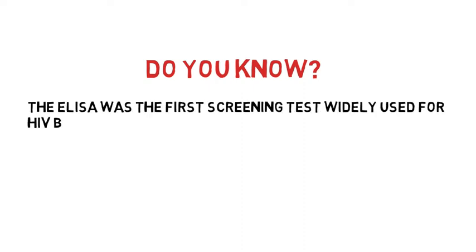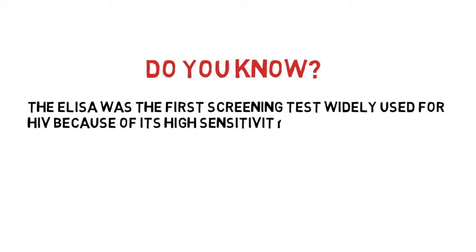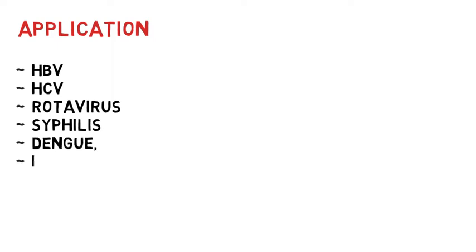Do you know that ELISA was the first screening test used for HIV because of its high sensitivity? It is used to diagnose many viral infections including HPV, HCV, rotavirus, and many other diseases like syphilis, dengue, and malaria.